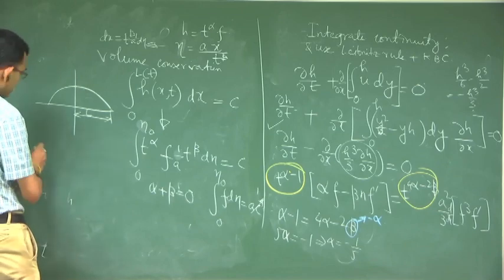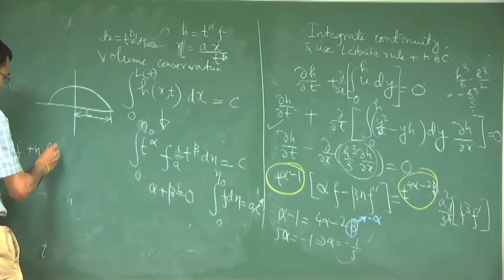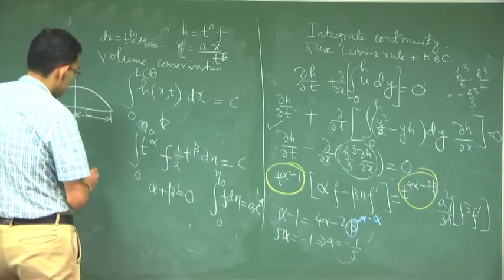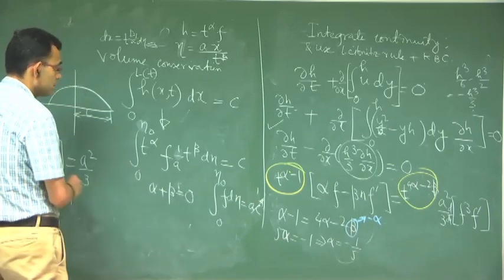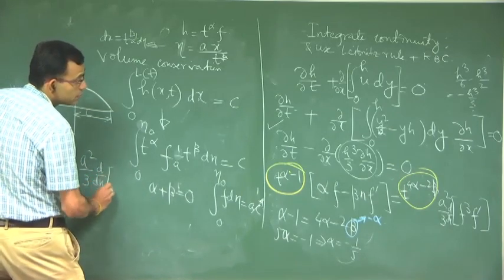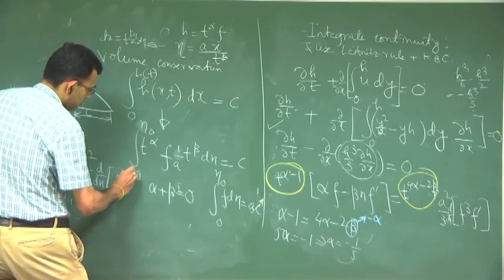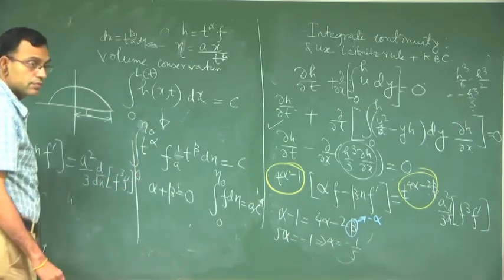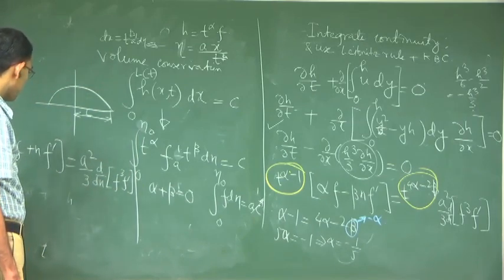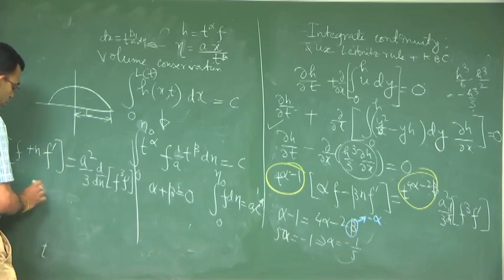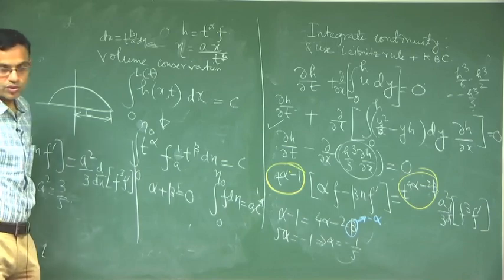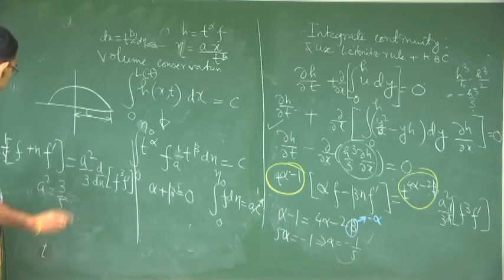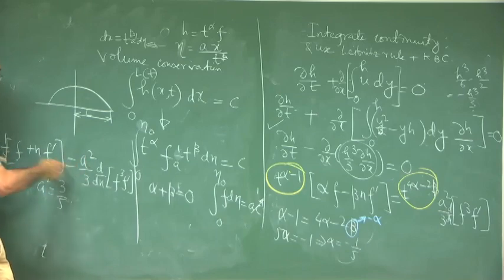f plus eta f dash. Then you can choose a square is equal to 3 by 5, right. If you choose a square is equal to 3 by 5, then you see all these 3, 5 cancel.